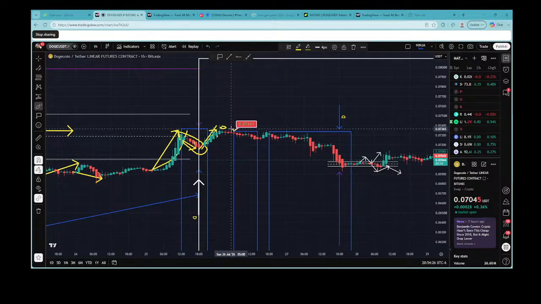Then the confirmation is the 1 hour down. There's your entry right there, and you look for the down. Now, even if you're not paying attention and you don't realize that you are in a daily upward move here, which means that the first pullback you get into on the 1 hour is going to be a no.